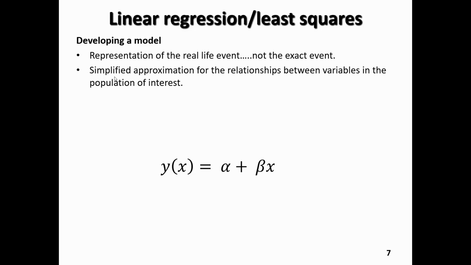It's simplified to the point where it's good enough to replicate that real event, but not so simple that it loses accuracy. The trick with linear regression analysis isn't so much in the statistical procedure, it's in the research design approach.